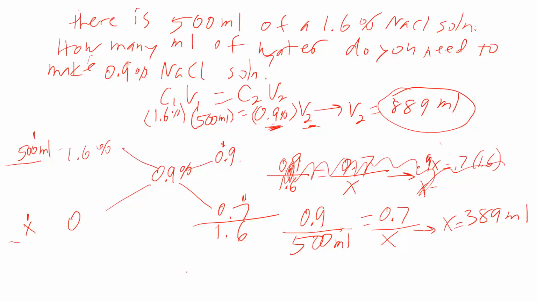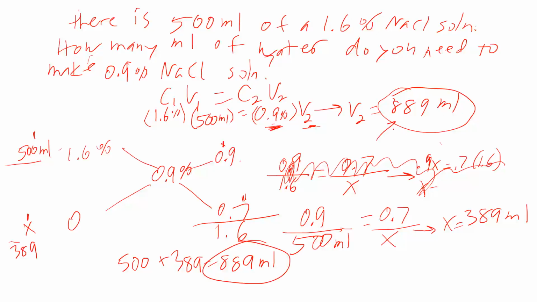Now we know that x right here is 389. If we add up the total quantity, 389 plus 500, we get 889 milliliters. And it checks out because right here is 889.